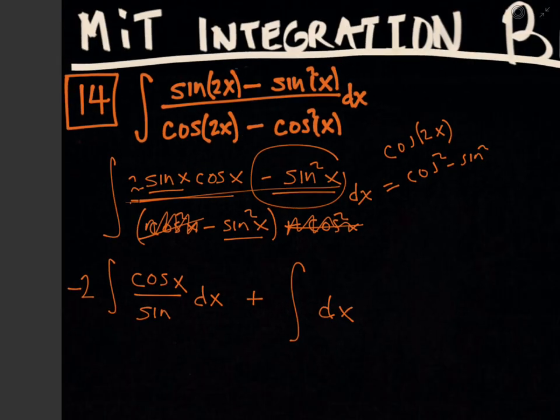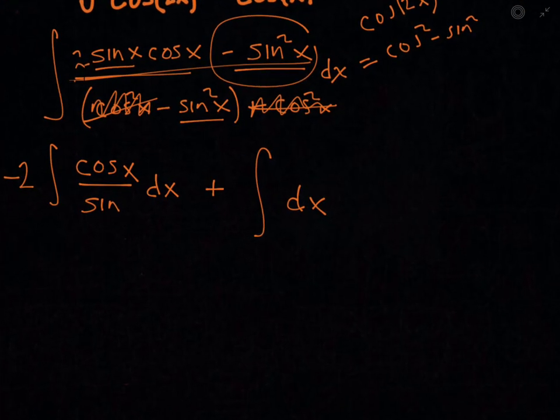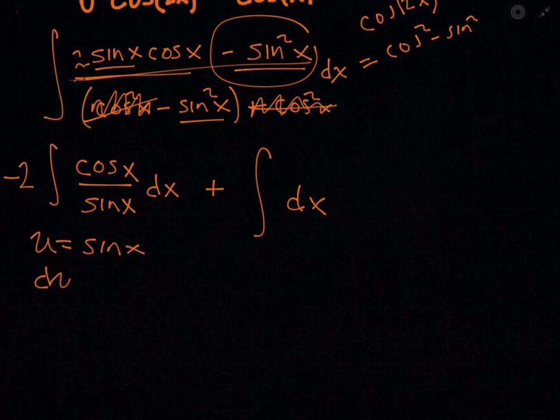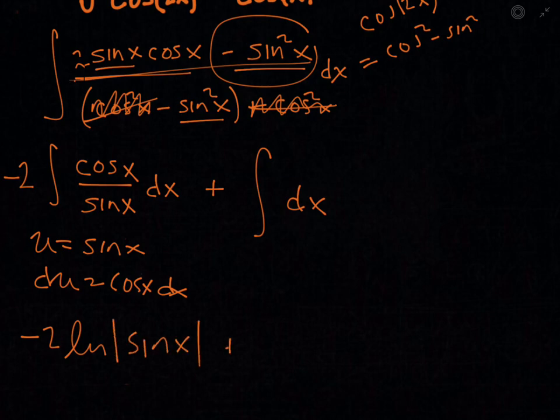All right, so we can go ahead and move this in, move it out, move it down. For this one, I'm going to use a u sub: u equals sine x, du is just going to be the numerator, which is cosine x dx. So my integral is negative 2 times the integral of 1 over u du, which is negative 2 times the natural log of the absolute value of sine x, plus this x over here, because dx integrates to x, plus c.